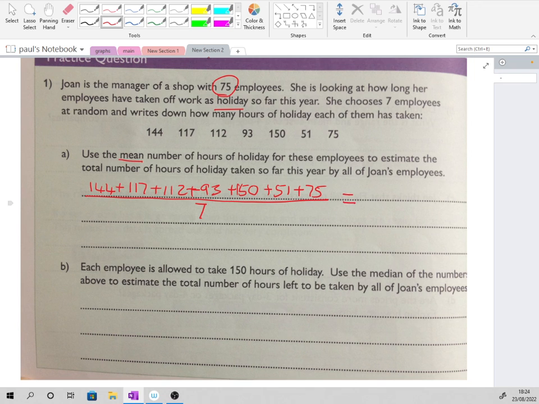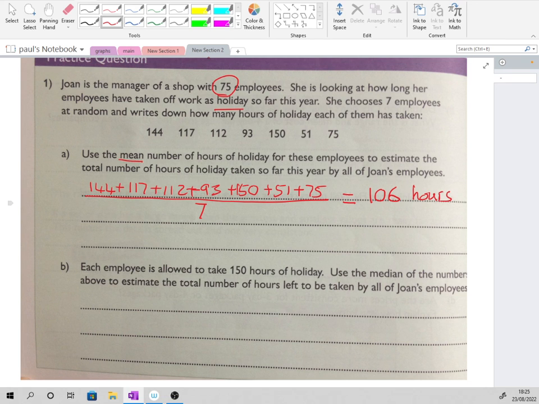Okay, let's find out what that is. That lot equals 742. Divide by 7, which equals 106. So the mean number of hours per person is 106.